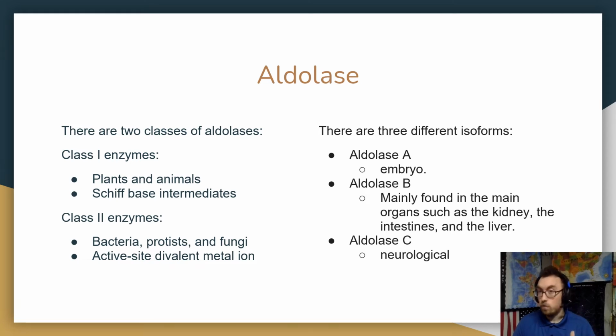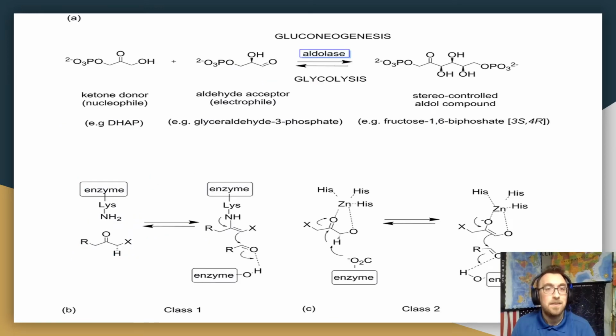The three that we'll be covering here are aldolase A, B, and C. For example, class 1 aldolase A is expressed in muscle, aldolase B in liver, kidney, stomach, and intestine, and aldolase C in brain, heart, and ovary.